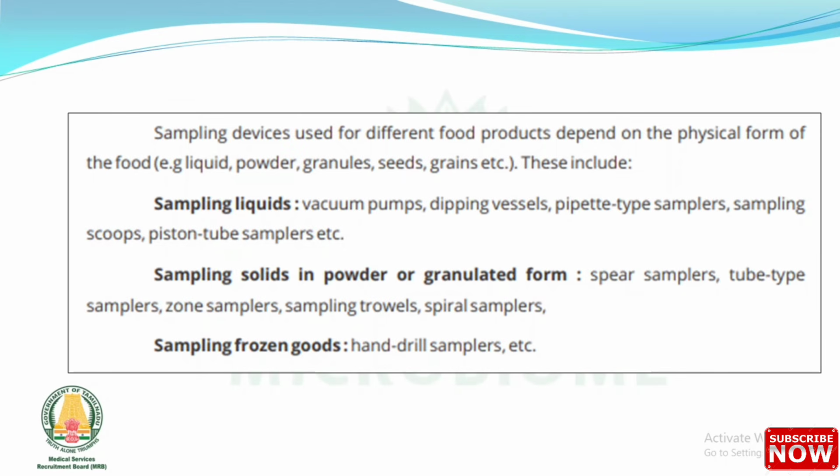Here, vacuum pumps, dipping vessels, pipette type samplers, sampling scoops, piston tube samplers are used. And for sampling solids in powder or granulated form, spear samplers, tube type samplers, zone samplers, sampling trowels, spiral samplers are used. And at last, sampling frozen goods. Here, hand drill samplers are used.